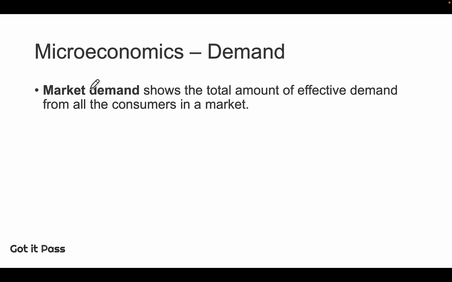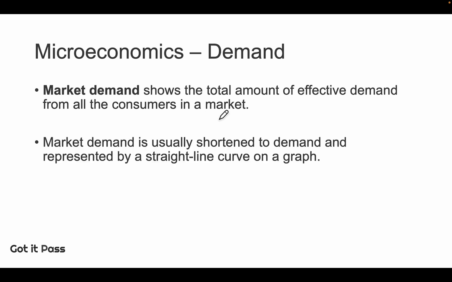And next, we talk about market demand. Market demand shows the total amount of effective demand from all the consumers in the market. So it is the summation of all individual demands instead of just a standalone individual one. Market demand is usually shortened to demand and represented by a straight line curve on a graph.